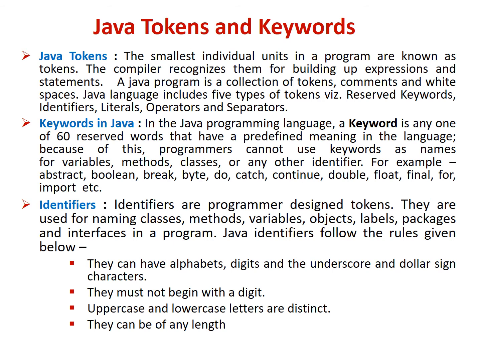Now, keywords in Java. Keywords implement specific features of the language. Java language has reserved 60 words as keywords such as abstract, case, else, if, extends, int, float, final, true, etc. These keywords combined with operators and separators according to a syntax form definition of the Java language.